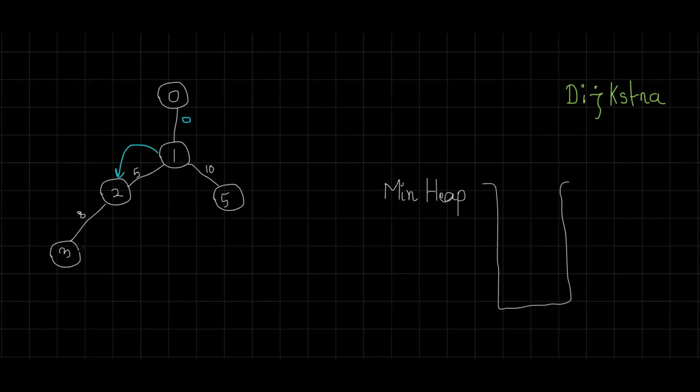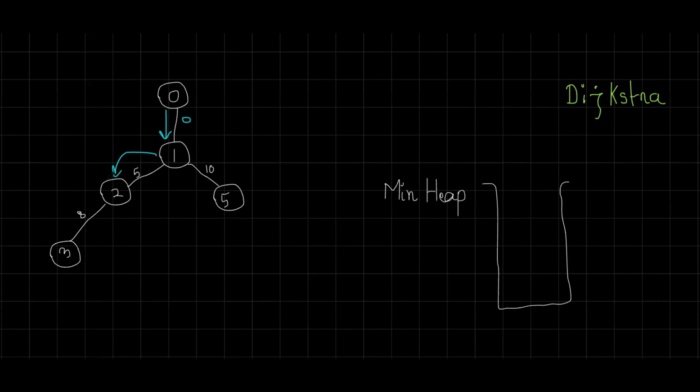Now, we have to decide how many people can share the secret. Initially, let's say the secret comes from 0 to 1. After 5 seconds, 1 shares the secret with person 2.